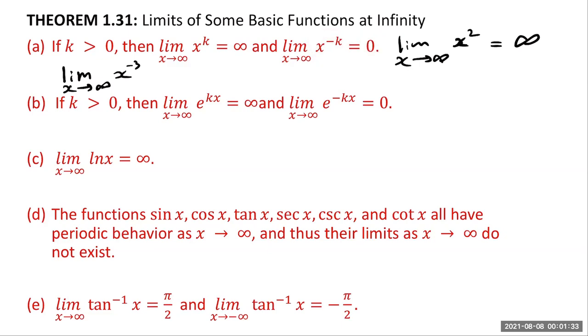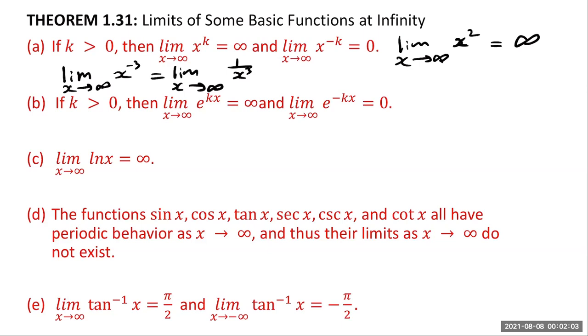Here is an example. Limit as x approaches infinity, x to the power minus 3. As you can see here, you have a negative number as a power. What happens is that if you view this as limit as x approaches infinity, instead of x to the power minus 3, I'll write 1 over x to the power 3.